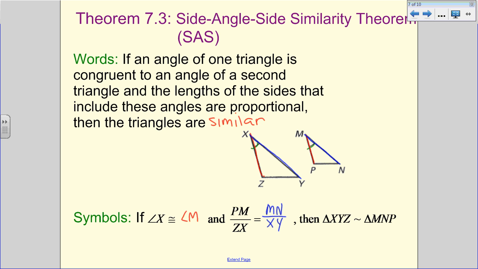If those are the two sets of corresponding sides that are equal ratios, then triangle XYZ is similar to triangle MNP. So now what we're doing is, instead of just looking at two angles or all three sides, we're going to look at one specific angle and then two very specific sides.